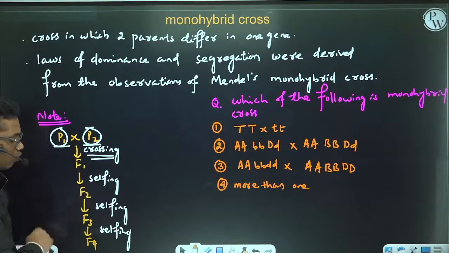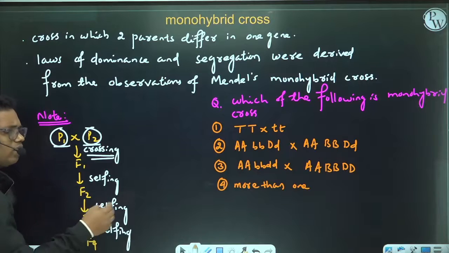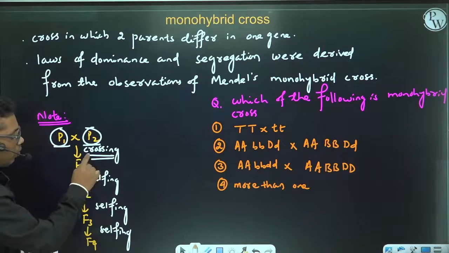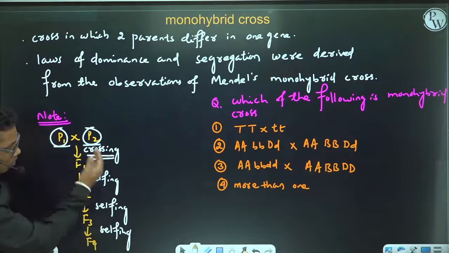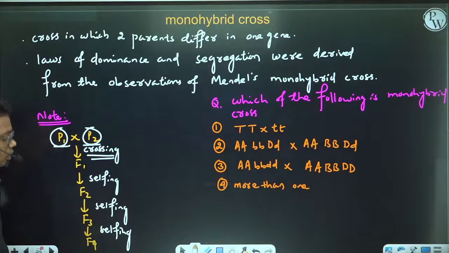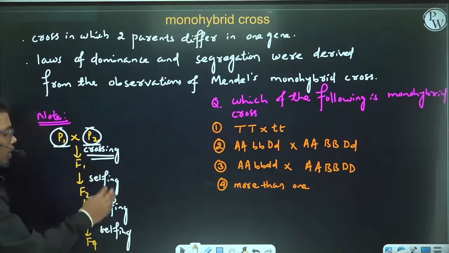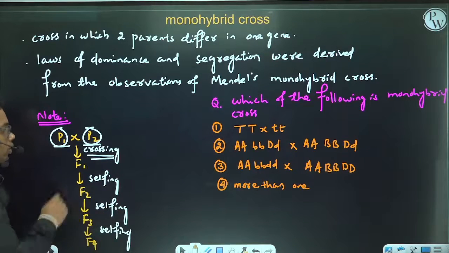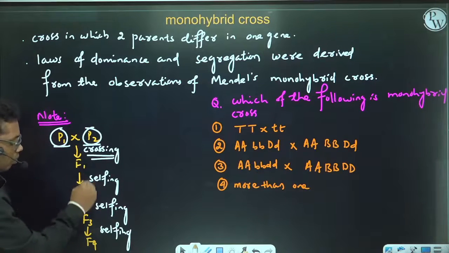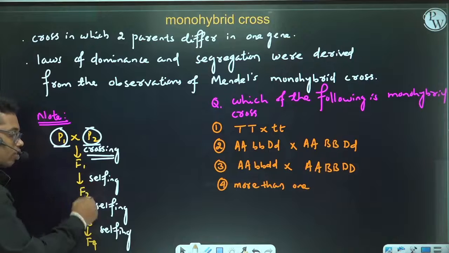From F1 I will get F2, from F2 I will get F3, from F3 I will get F4, from F4 I will get F5, and so on. The F1 is always obtained by cross pollination, and all the remaining further generations are obtained by selfing. This is important. F1 is always obtained by cross pollination, whereas the remaining generations are obtained by self pollination.